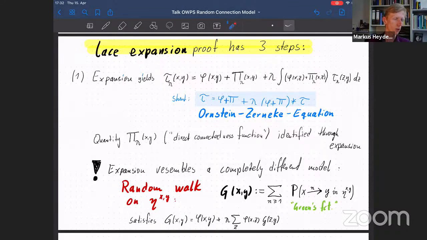But for historical reasons the name has stuck, and so we still call it lace expansion even though there are no laces.